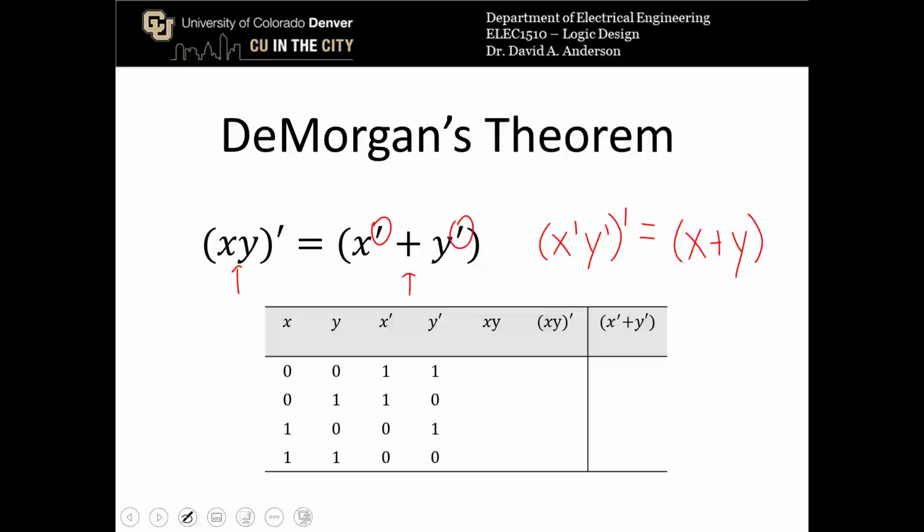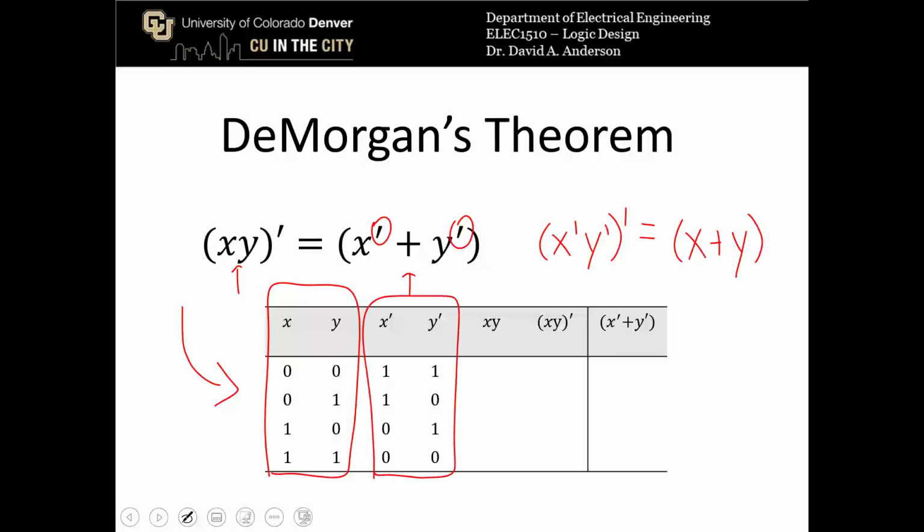All right, so let's prove this again using a truth table. I have all of the states of x and y written here, all of the corresponding states of x prime and y prime. So now let's look at xy, which comes into the equation here, which is only going to be a 1 if both x and y are 1. So that's a 1 only on the bottom row.